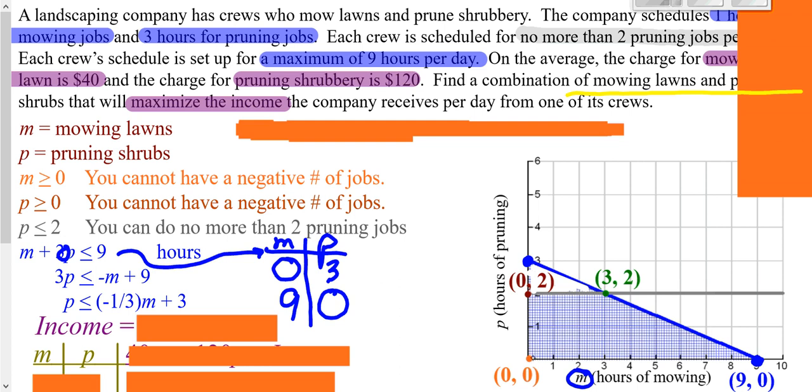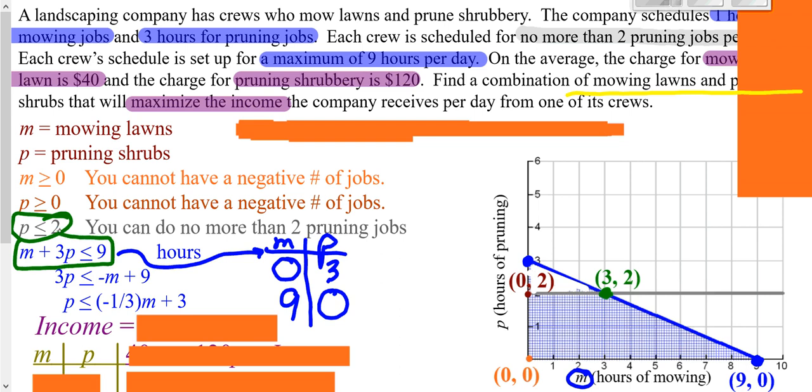So we knew this point here. This point here was easy to find. This point out here in green is really the intersection of this and this.